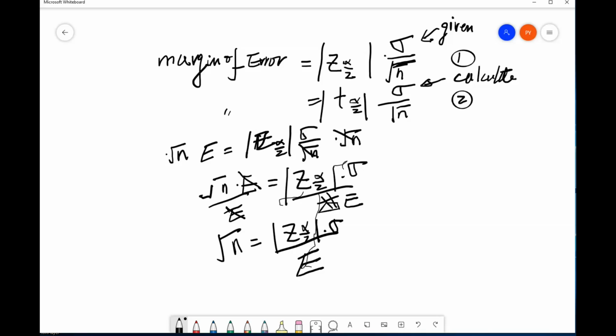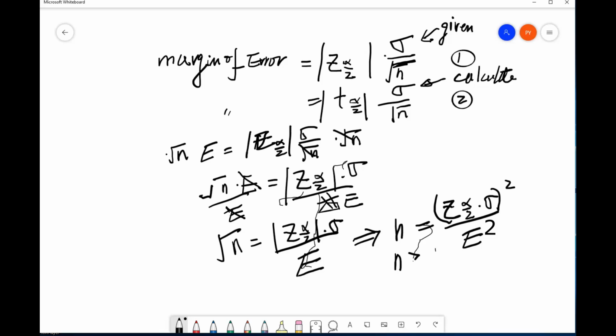Then left-hand side times left-hand side, right-hand side times right-hand side, actually it is squared. So eventually we have n equals z of alpha divided by 2 times sigma over E, squared. Actually, n should be larger than or equal to this value.